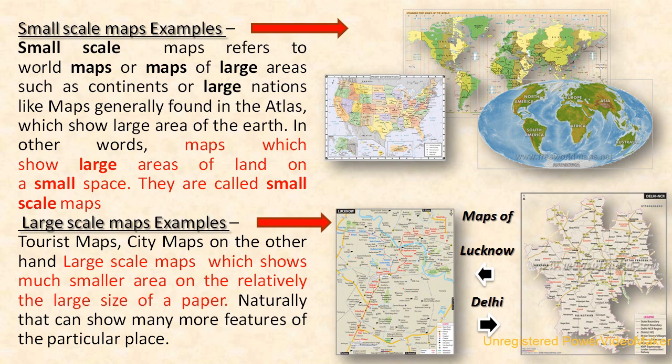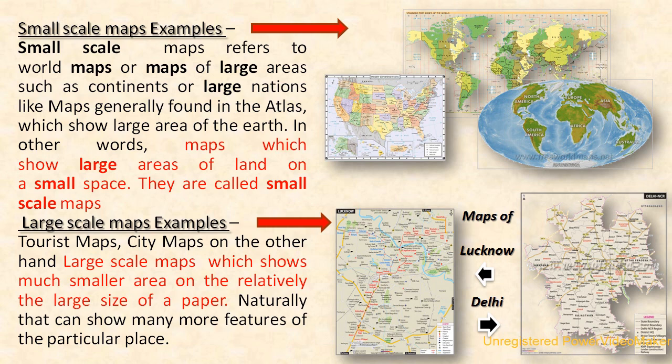One map is the Lucknow map, and another map is about Delhi, which are small places shown on an A4 size paper.